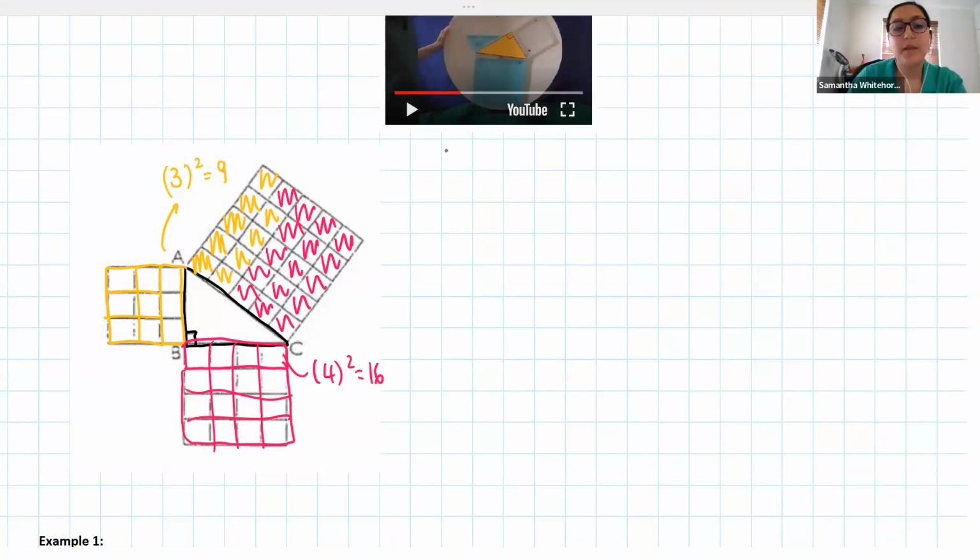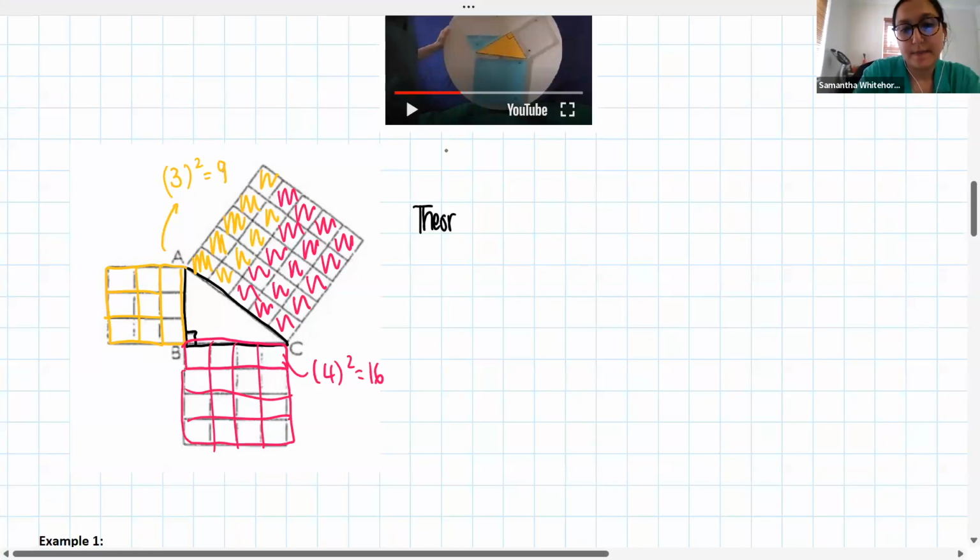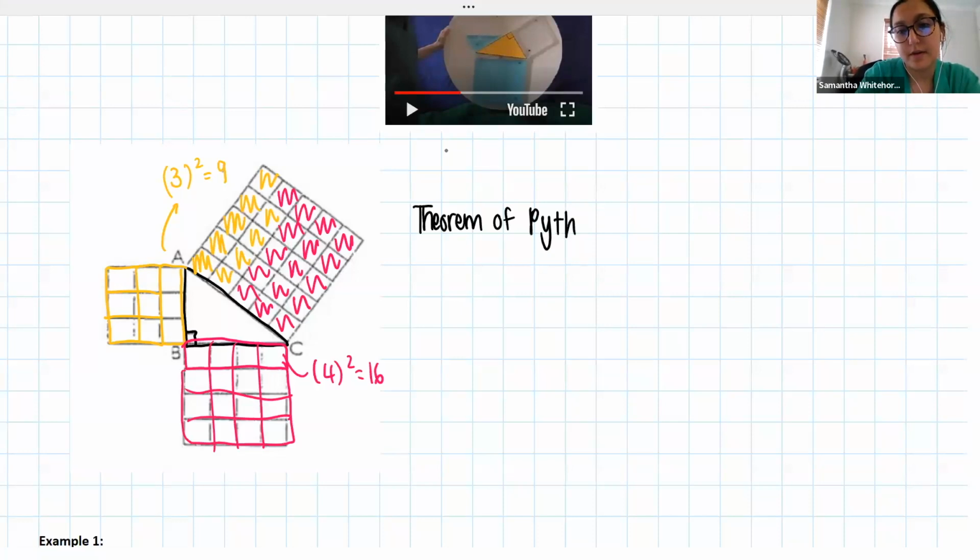Okay, so guys, the theorem of Pythagoras, his name is quite long, unfortunately, tells us that the hypotenuse squared, which we represent with an H, is equal to the sum of our other 2 sides squared.